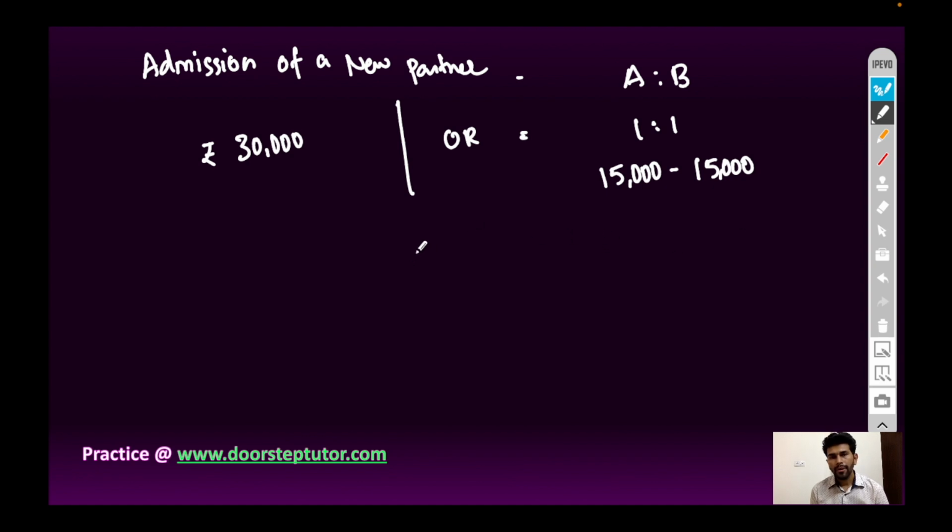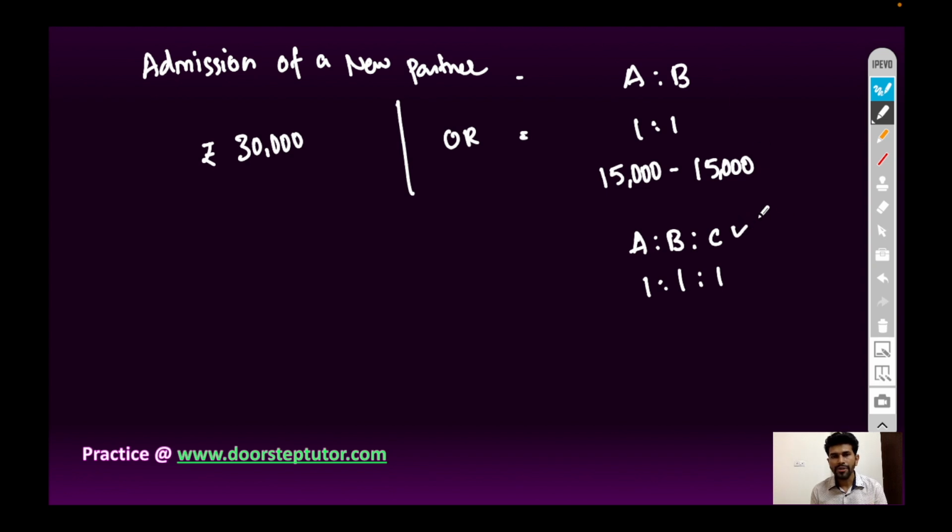If Mr. C is admitted as a new partner, it means new partners are A, B, and C. C is also an equal partner, so new partners will be A, B, and C. A and B are old partners.